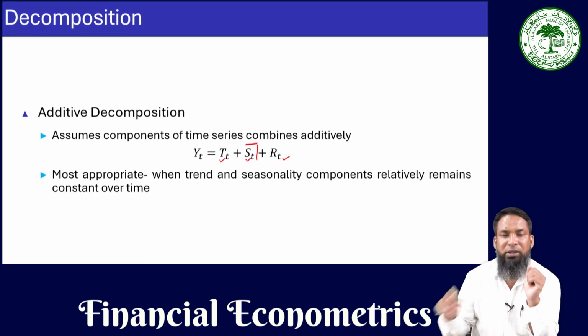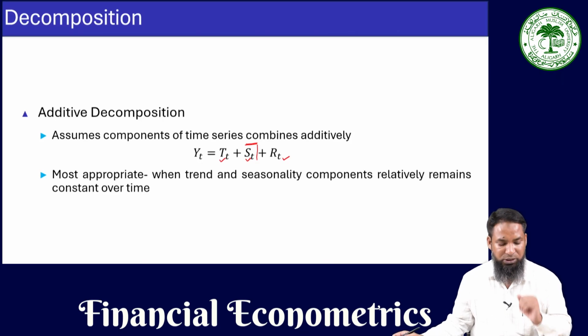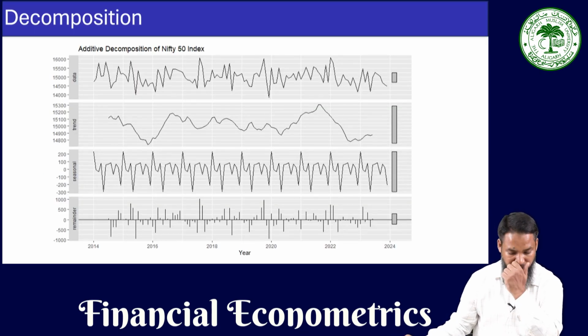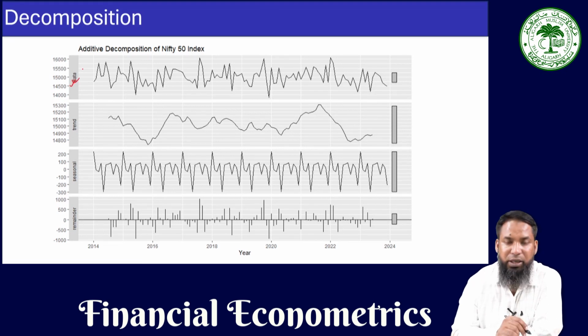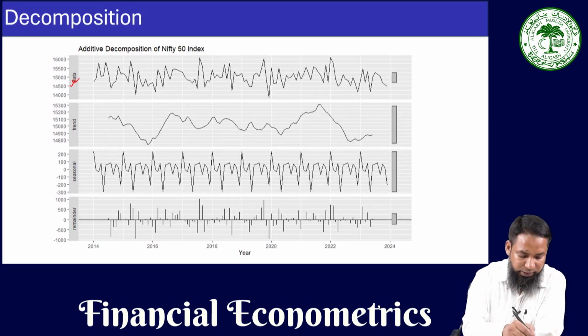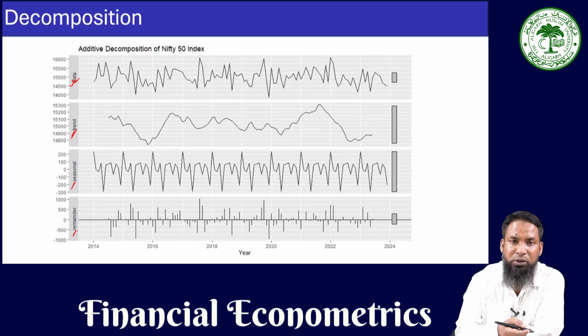For example, let us take the data on the Nifty 50 and use this decomposition method. How does it look? What we can see here is the original data, and we have decomposed it into three components: the trend, the seasonality, and the noise or remainder, which we call the random.